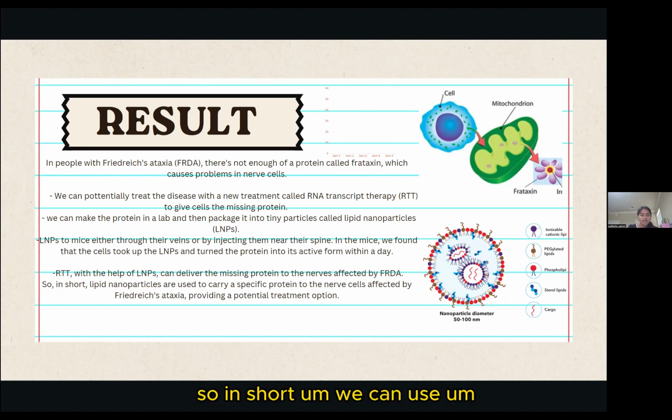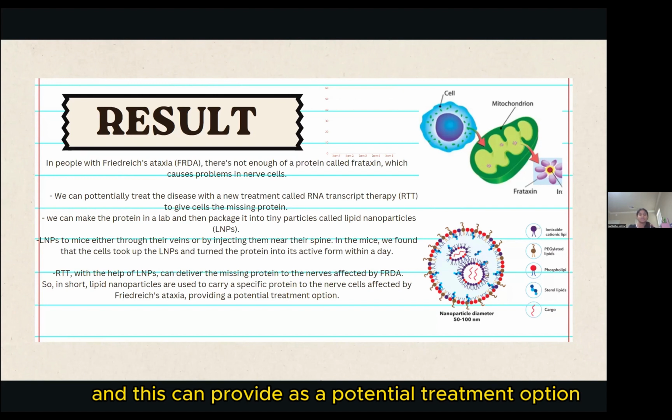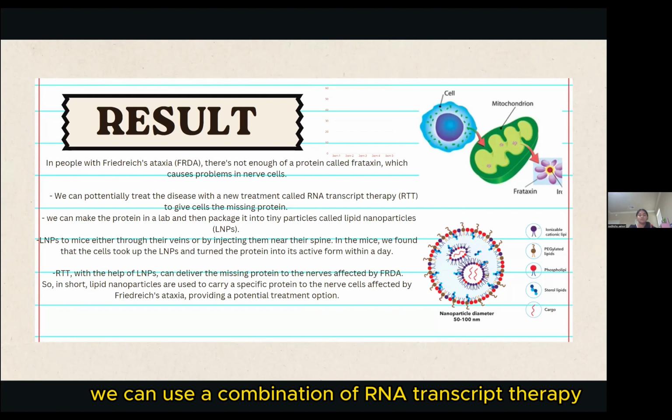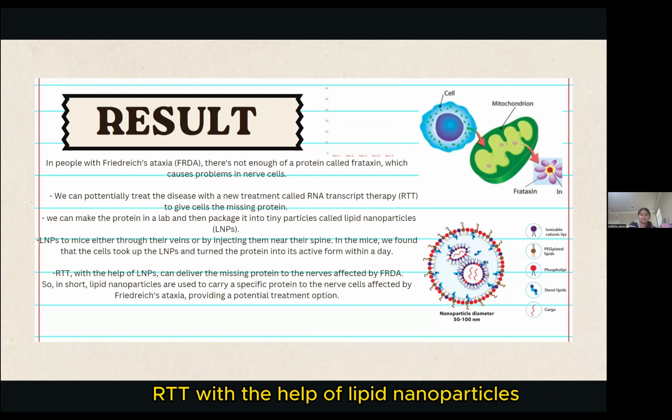So in short, we can use lipid nanoparticles to carry a specific protein to the nerve cells affected by Friedreich's ataxia, and this can provide a potential treatment option. And in order to do this, we can use a combination of RNA transcript therapy, RTT, with the help of lipid nanoparticles.